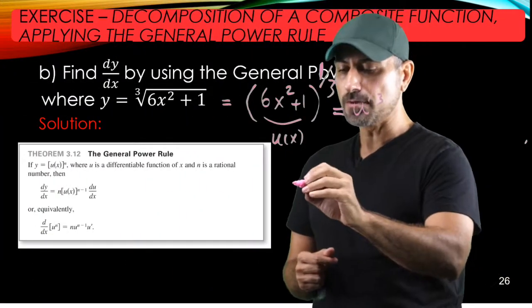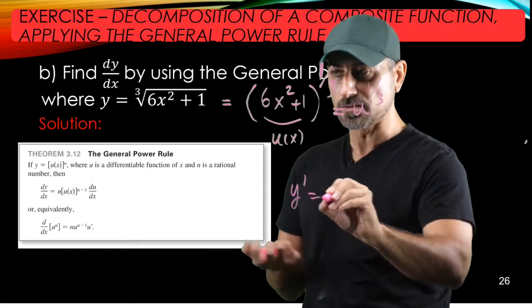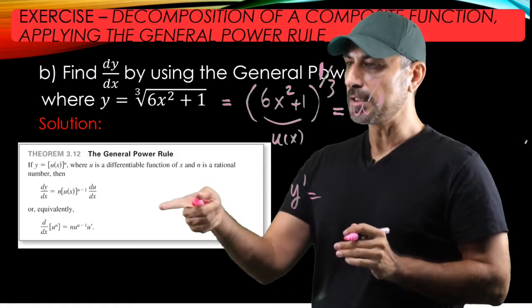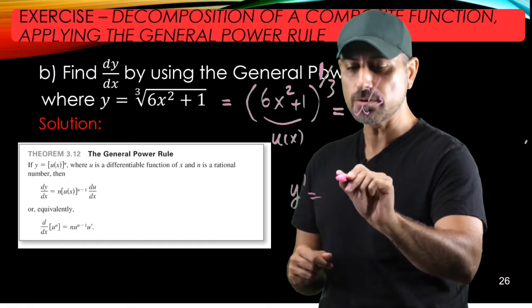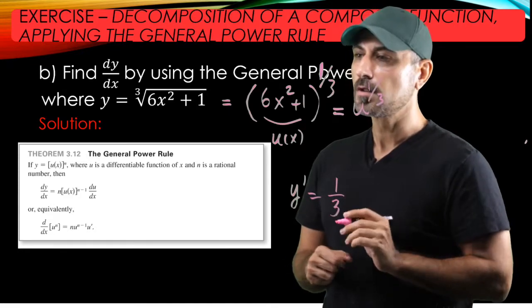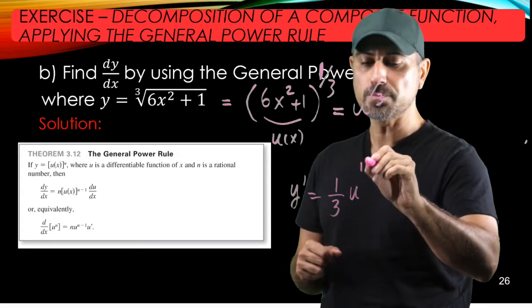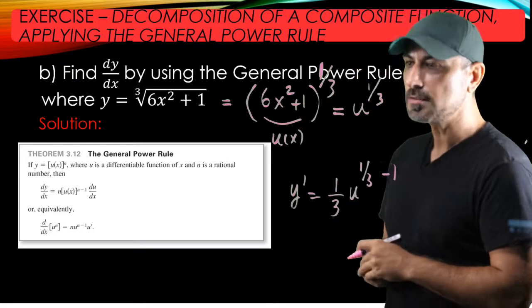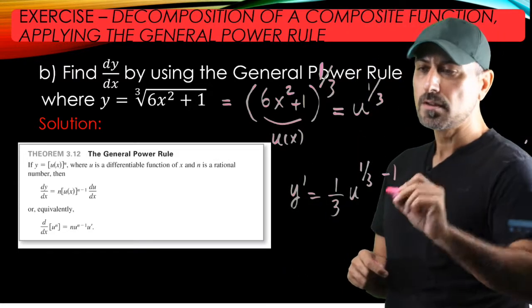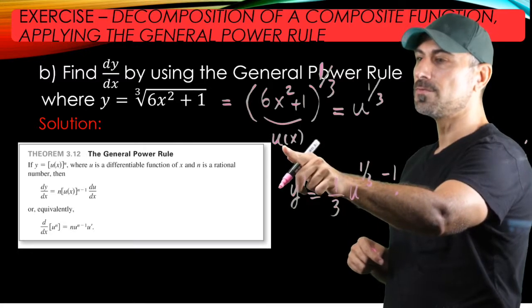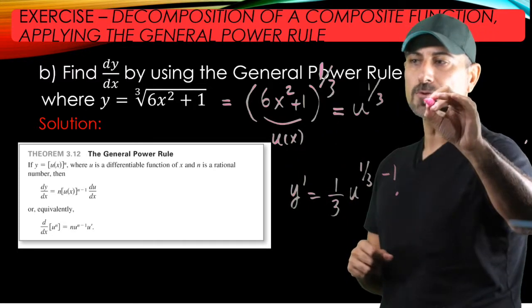So the derivative of y, which is y prime, by this formula turns out to be 1/3 u to the power of 1/3 minus 1, subtract 1 from the power here, times the derivative of u. Okay, what is the derivative of u? Let me just write down here.